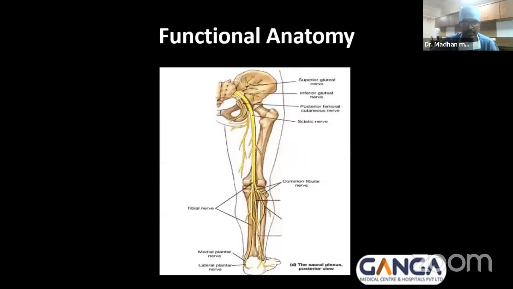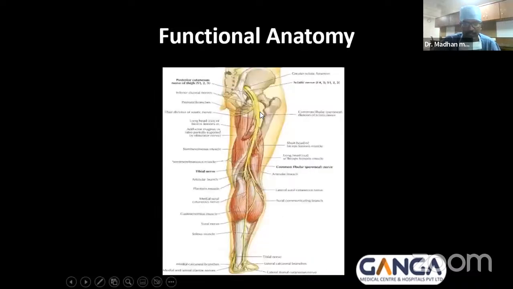Coming on to the functional anatomy, as discussed by Dr. Madan, the sciatic nerve is the largest branch of the sacral plexus, having a root value of L4, L5, S1, S2, S3, and it is 2 centimeters in diameter and 45 centimeters in length. It exits the pelvis through the greater sciatic notch, and it descends into the posterior compartment of the thigh.